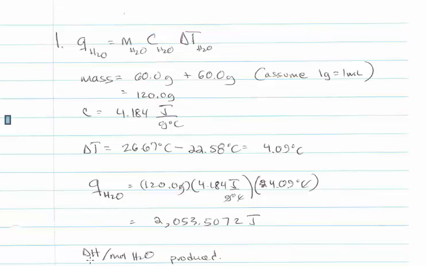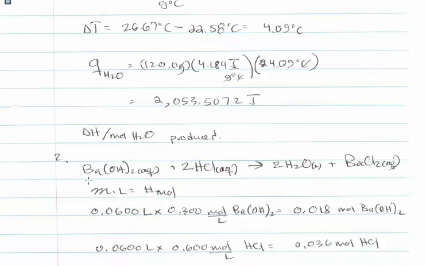Now remember, we want to find out delta H per mole of water produced. So we now know how much heat was produced. The next step is to figure out how many moles of water were actually produced. So in this chemical reaction, we're adding a base, barium hydroxide, to hydrochloric acid.